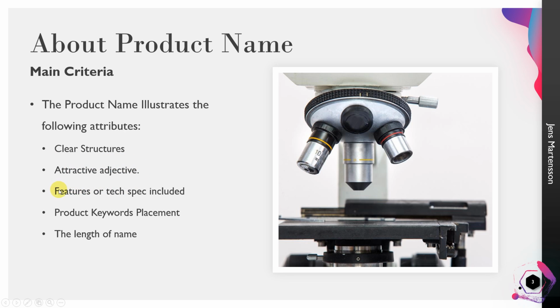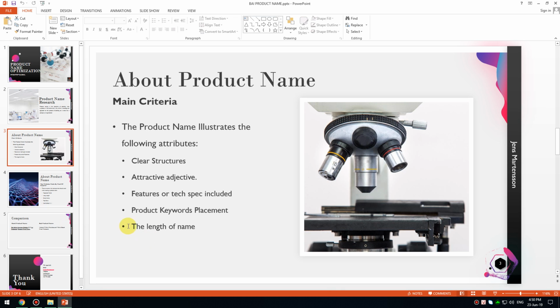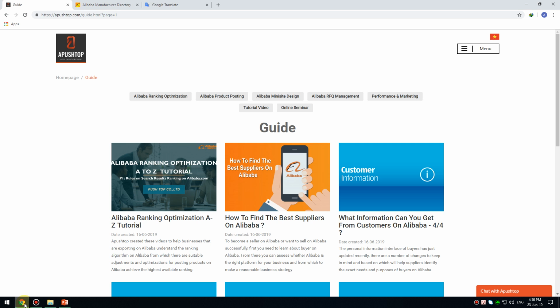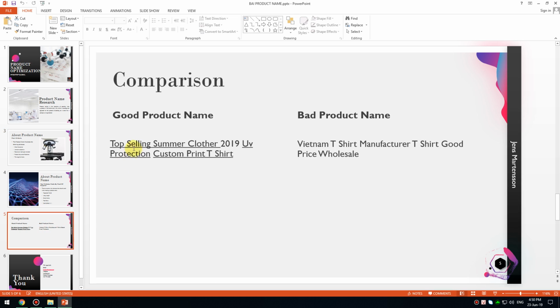Third, the features or technical specifications need to be included in your product name. Next, product keyword placement is very important, and last is the length of the name. So let's take a look at the names that I just provided to you.